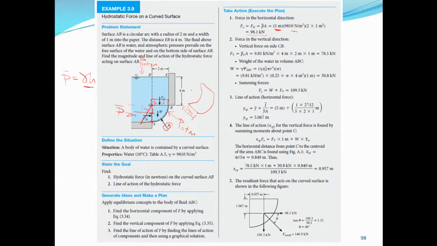So it's simply the pressure at the centroid times the area, and the pressure acting here is also gamma h. h in this case is 4 because the distance from the top of the water to this point is 4 meters. So that's why you have 4. Gamma is the unit specific weight of water, and the area still remains the same, 2 times 1.